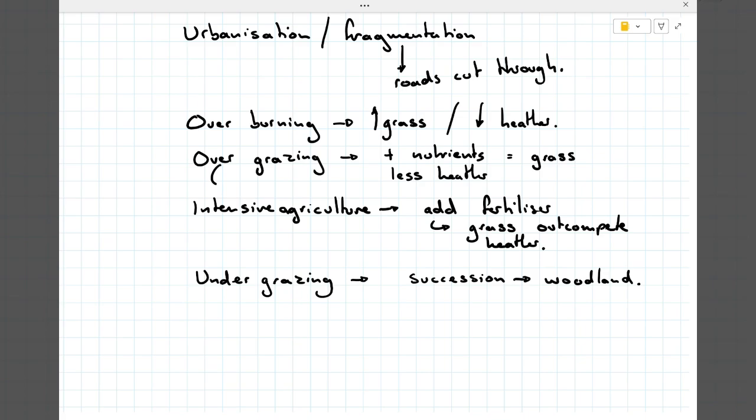Overgrazing as well, something like sheep will graze the heather very heavily and prevent it from regenerating, and that will result in more grass as well. So sheep need to be very closely managed if you're going to have them on a heathland.